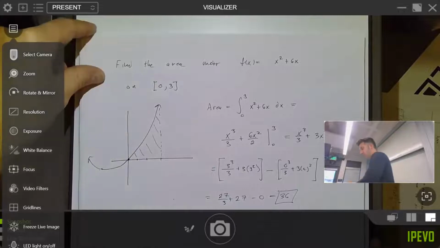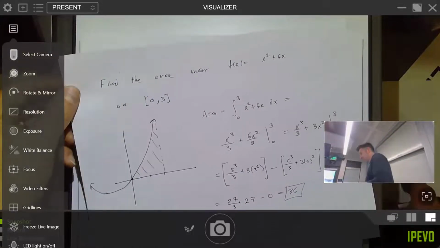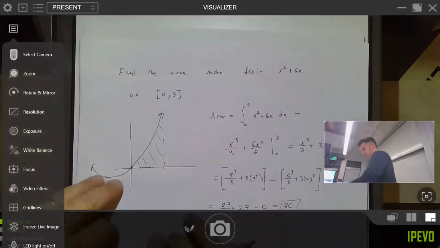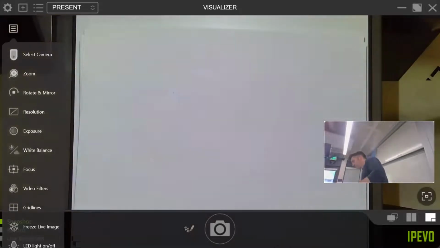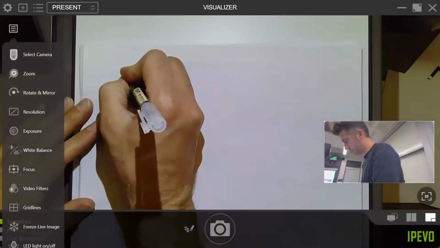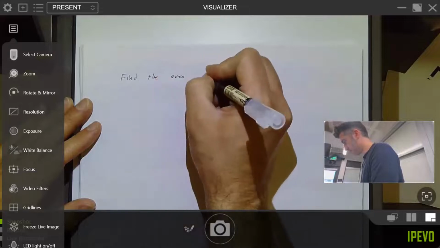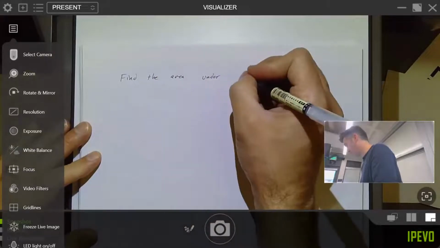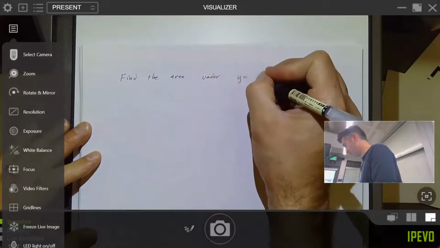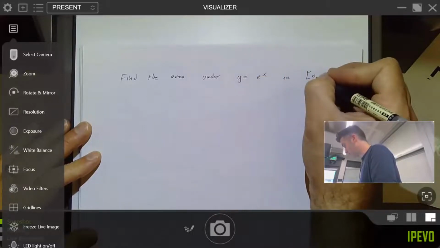Let's look at a couple more examples. Let's say we wanted to find the area under the curve y equal to e to the x on the interval from 0 to 1.